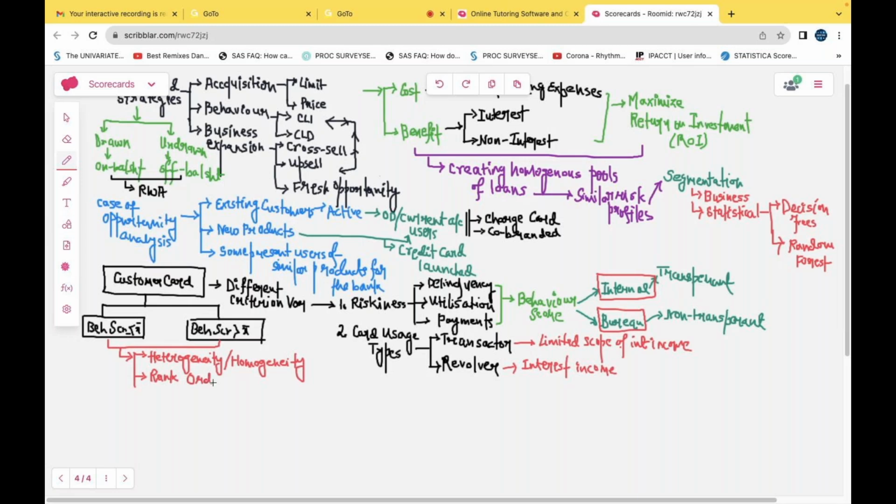If, let's say, segment A is riskier than segment B in the sample when I'm doing the segmentation, and I apply that rule across any other samples over time, segment A should always remain riskier than segment B. So that is the rank ordering test. Now this rank ordering test ideally happens over time, so this is an over time analysis.